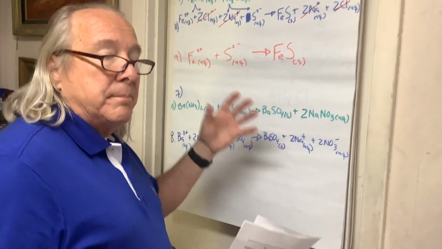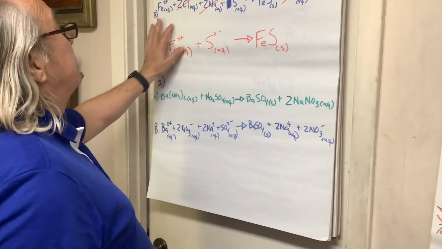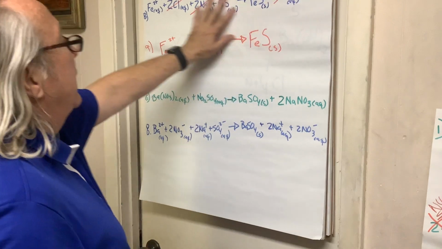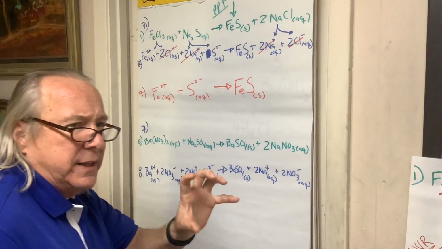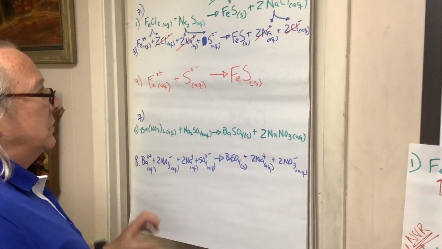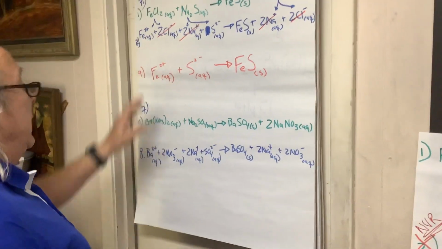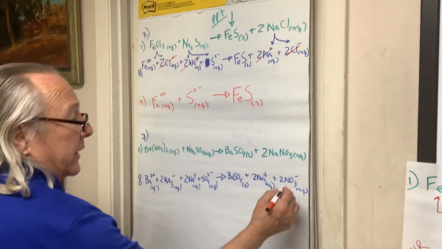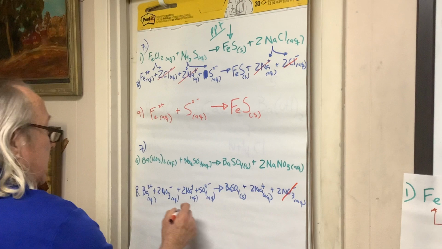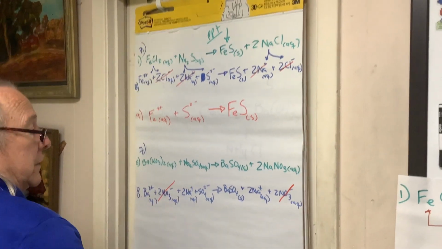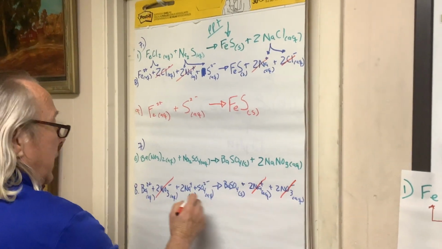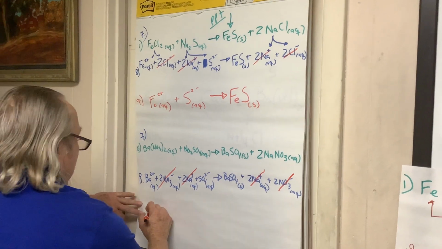And then come back and write the complete ionic equation. Think about every species present in that aqueous solution. And then get rid of your spectator ions. 2 nitrates over here, 2 nitrates over here. 2 sodiums on this side, 2 sodiums on that side.